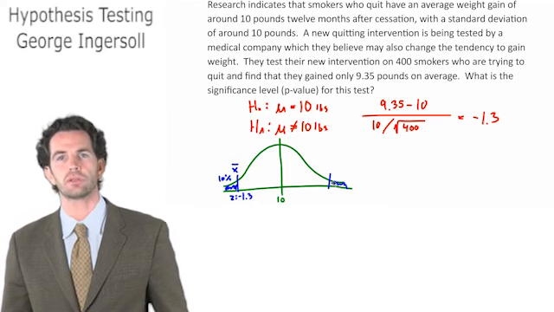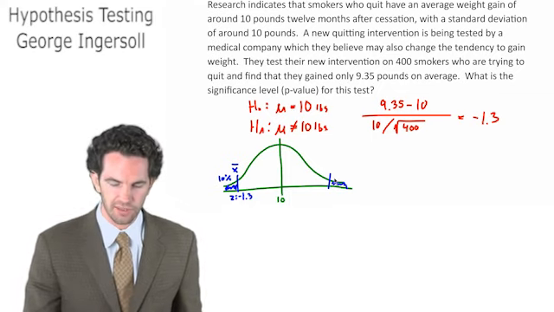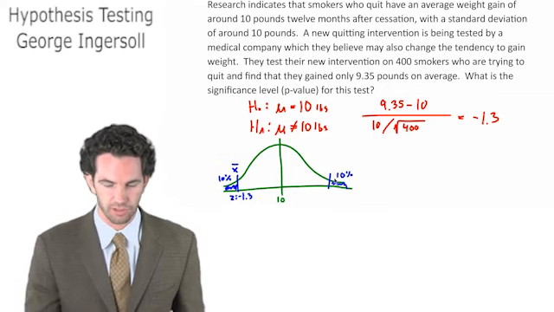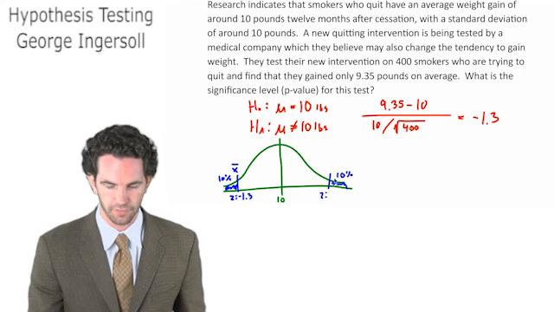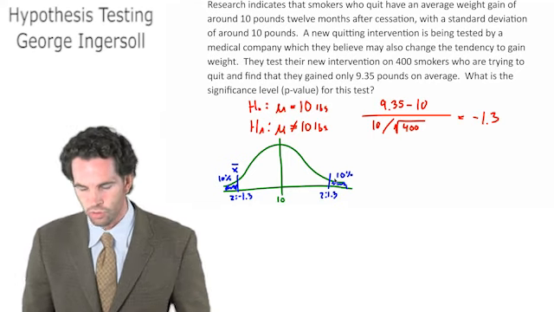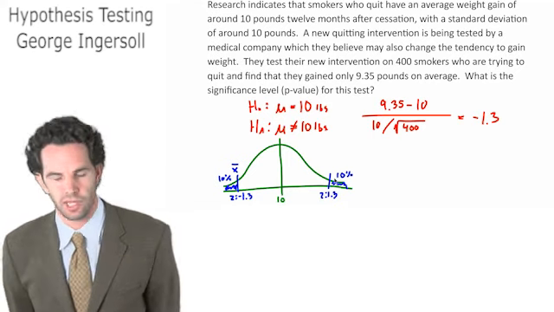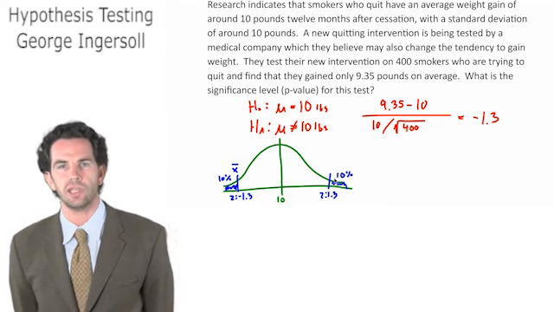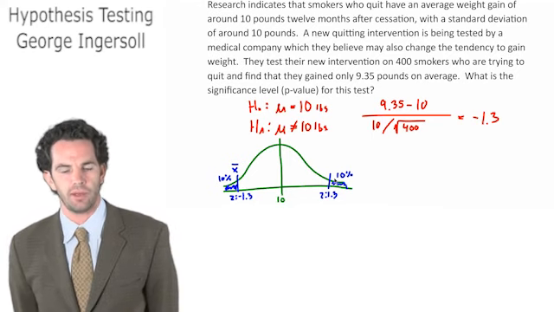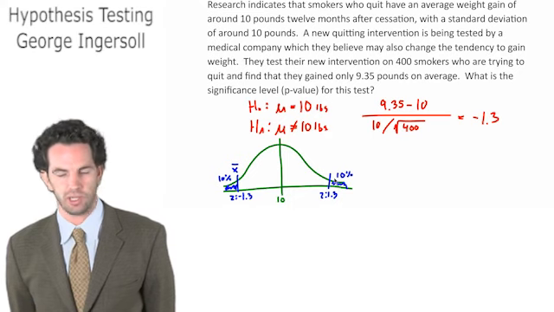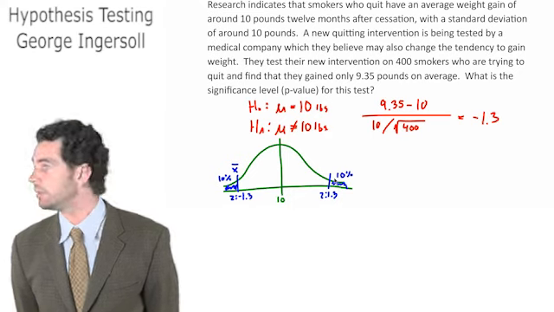In other words, if we add this, because these are symmetrical, there's a 20% chance that we would end up more than 1.3 standard deviations from the mean.